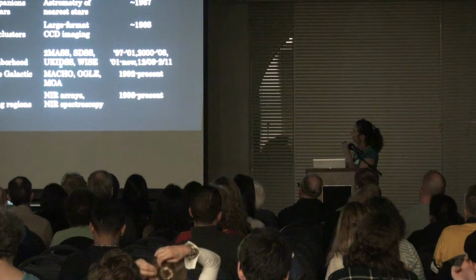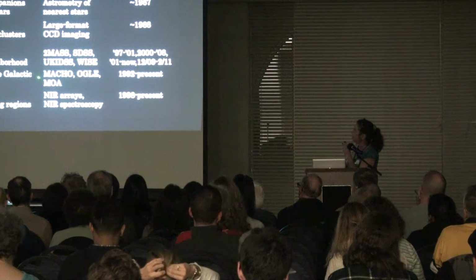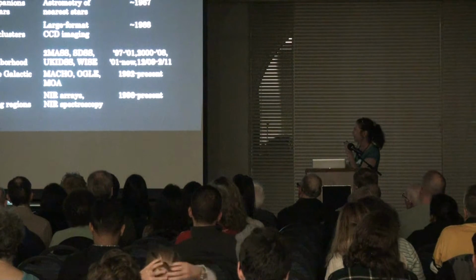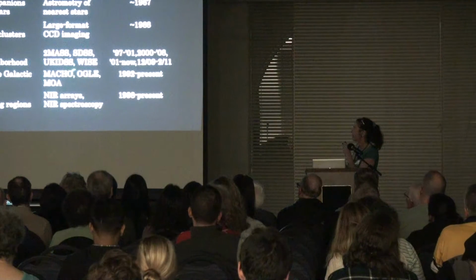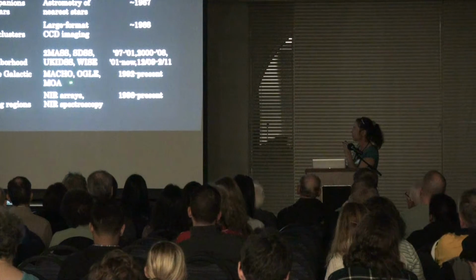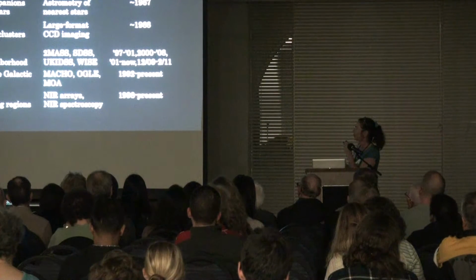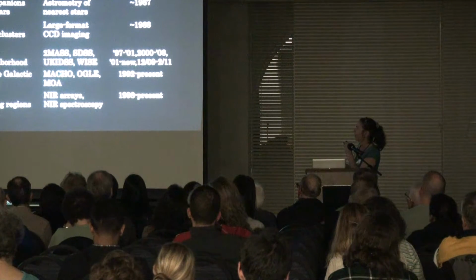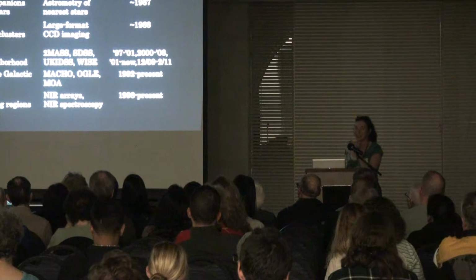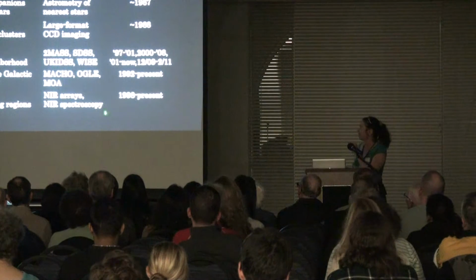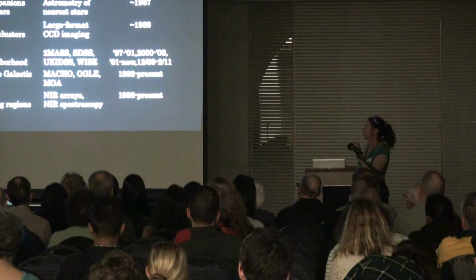And then there's an interesting technique, which is why these gravitational lensing searches were begun: to look for massive compact halo objects. Don't ask me what the OGLE and MOA are for, I don't recall.